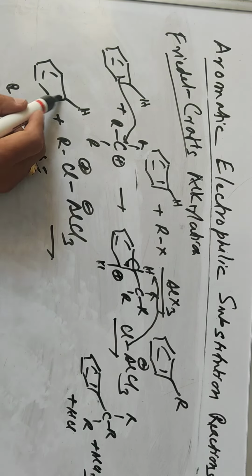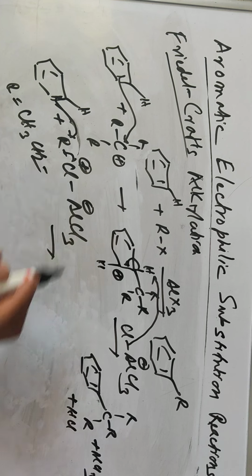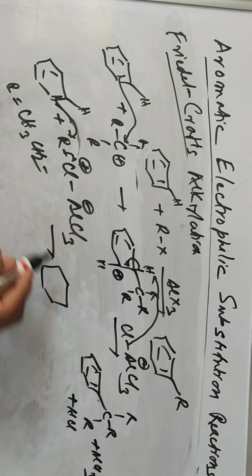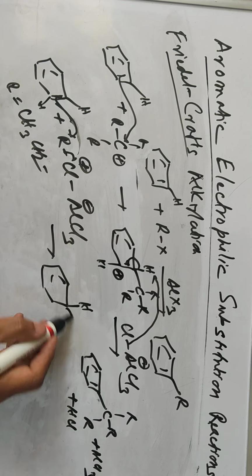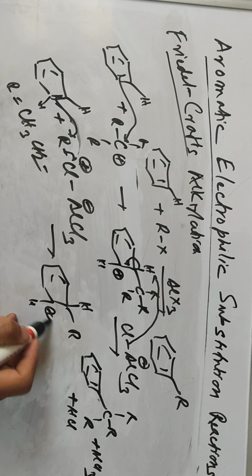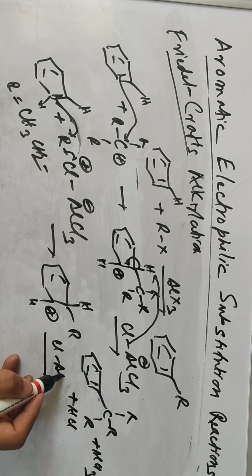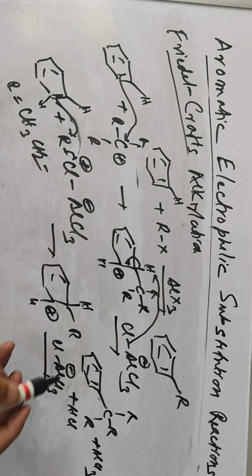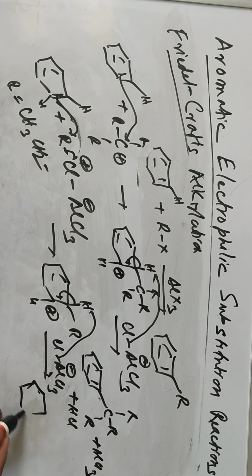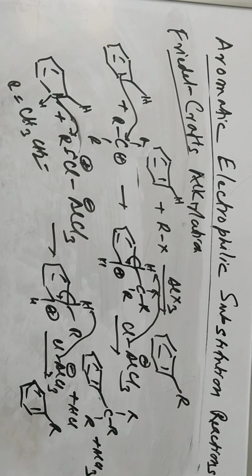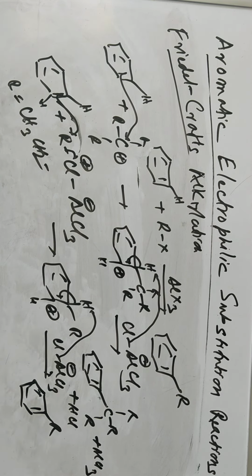In the first step, the benzene attacks R, and then hydrogen is picked up. As in the earlier case, there is a carbocation with the positive charge delocalized, and finally there is loss of a proton. The AlCl4 negative attacks it, forming hydrogen chloride, and the product is formed. So the same product, alkyl benzene, is formed, and HCl and AlCl3 are generated. This is another possible mechanism.